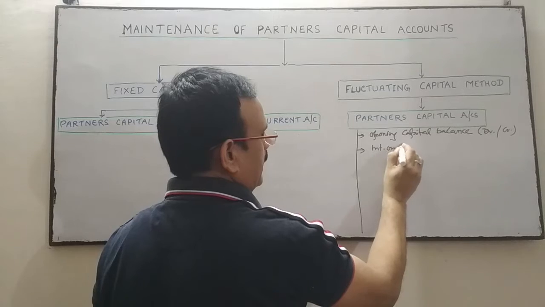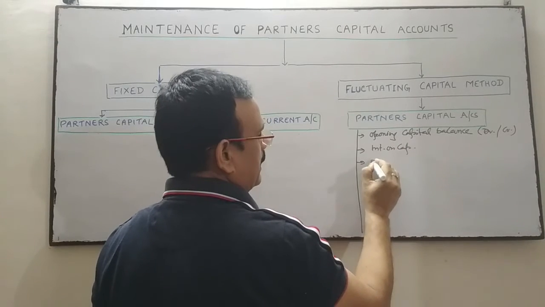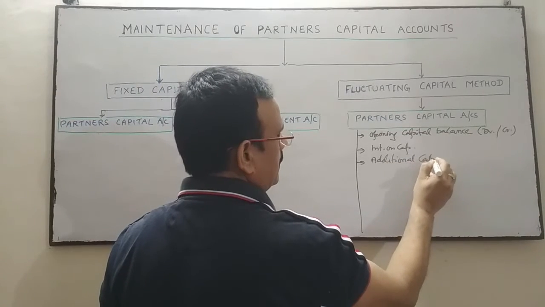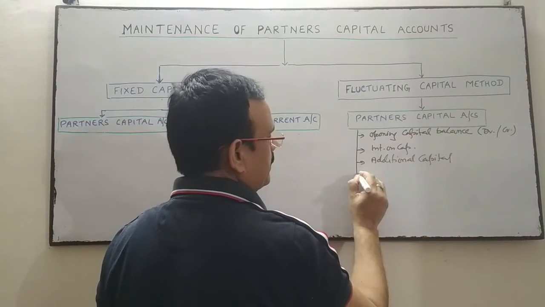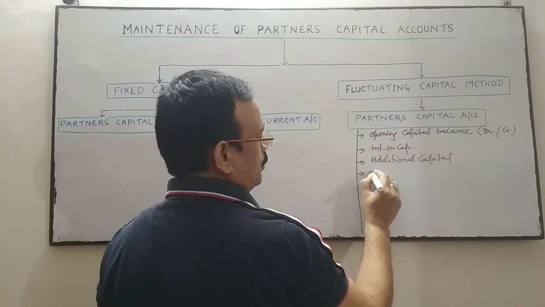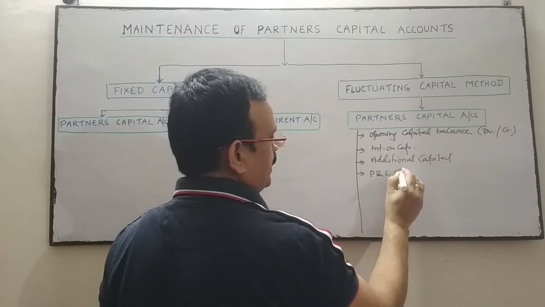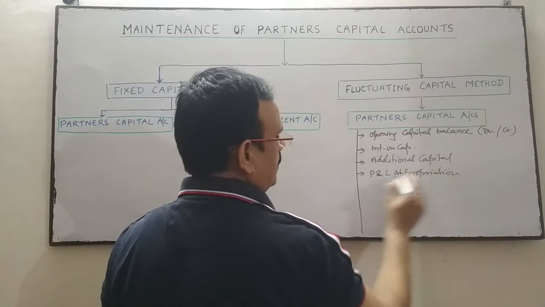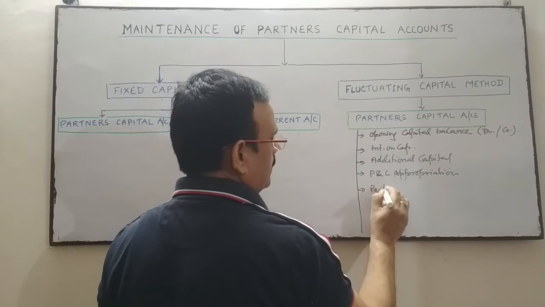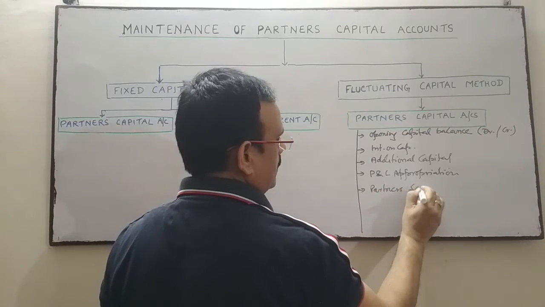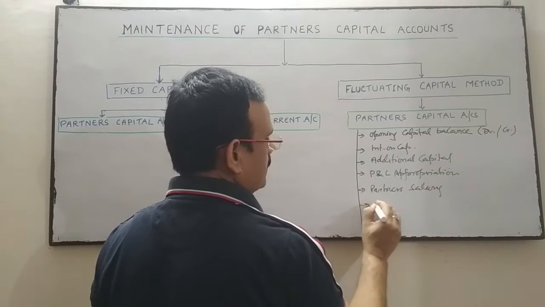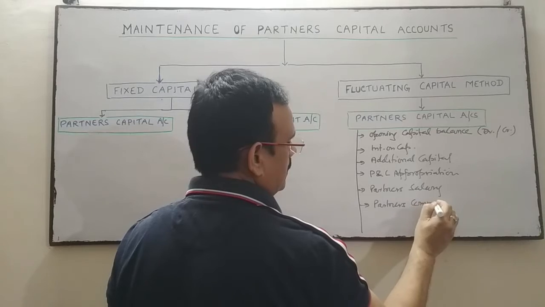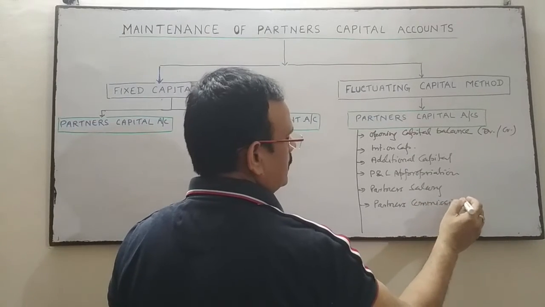Interest on capital, additional capital, your profit and loss appropriation account, partner's salary, partner's commission, these all are in the credit side.